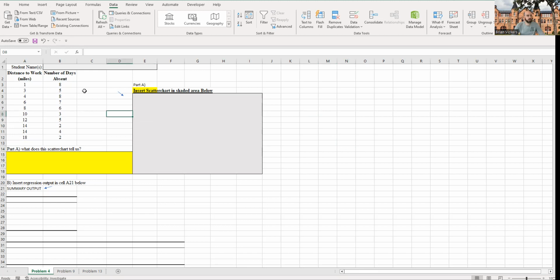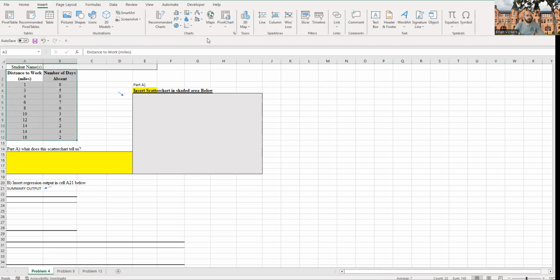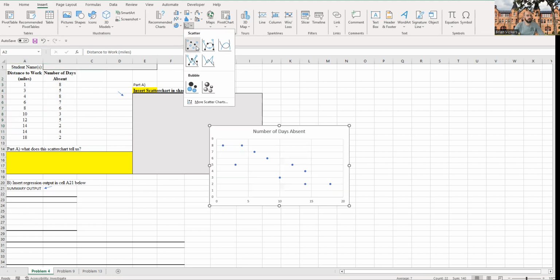So what you'll start by doing is we're going to insert a scatter chart into the area below. When you're inserting the scatter chart, we're just going to select the values on this chart here. None of the labels, that's why I just removed the labels altogether. And I'm going to go ahead and insert a scatter chart.